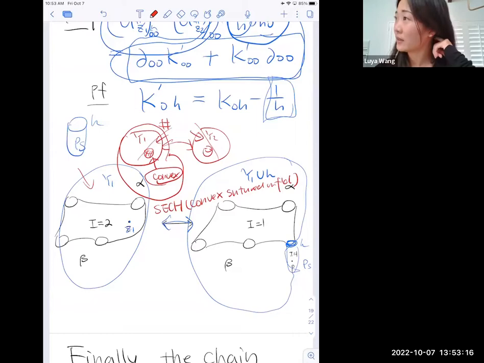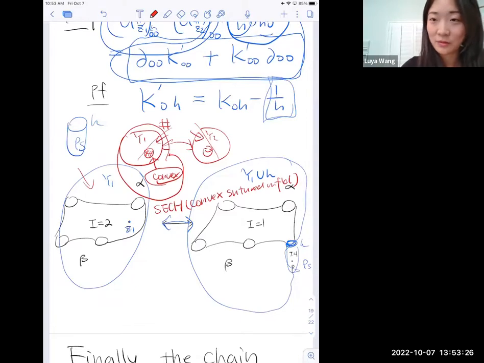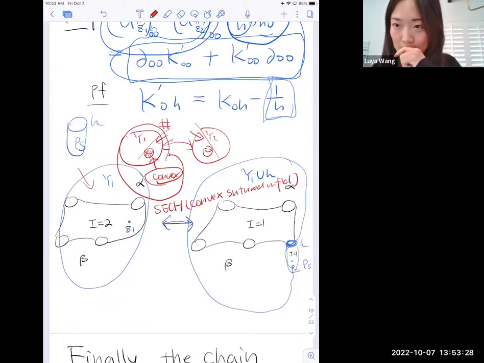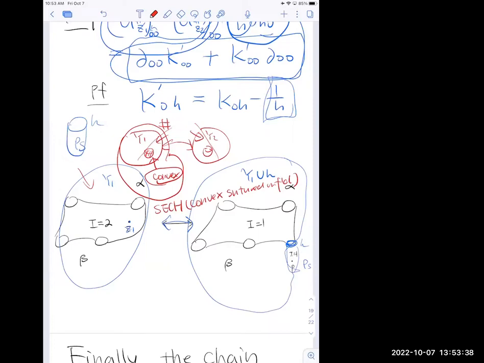I think in their picture they use the open book decomposition, but it is the same picture. If you take out a ball and turn it into convex, then it is the sutured ECH, and it is also the hat version. Okay, thank you.